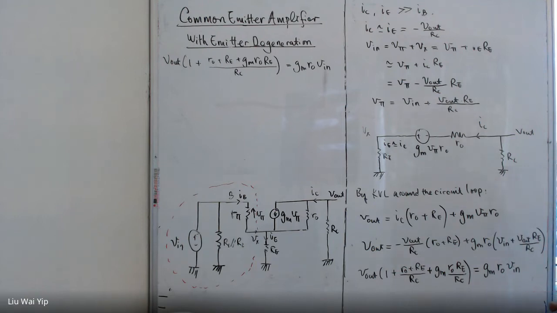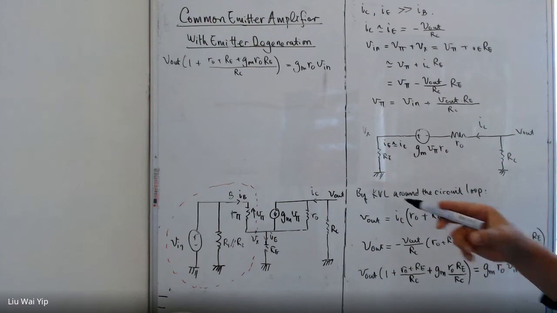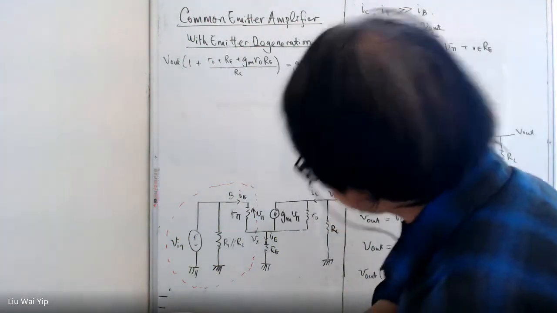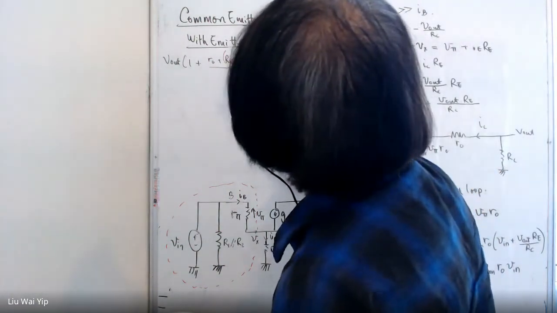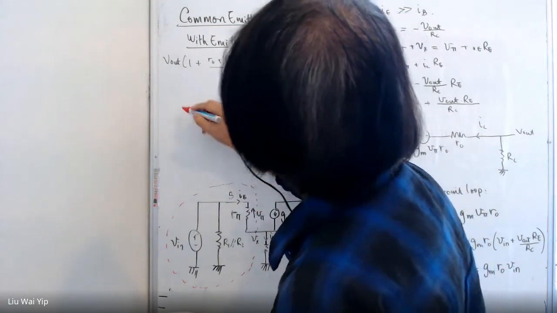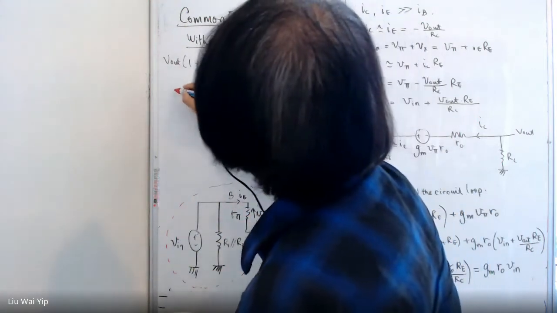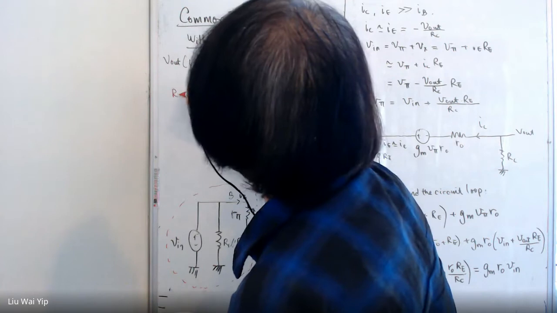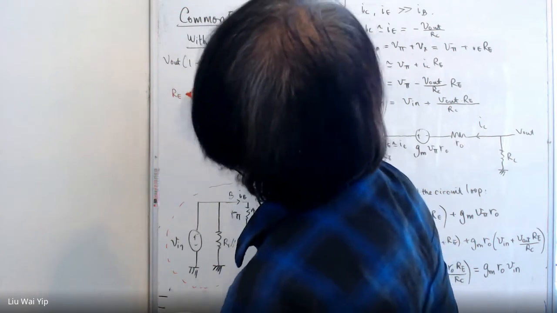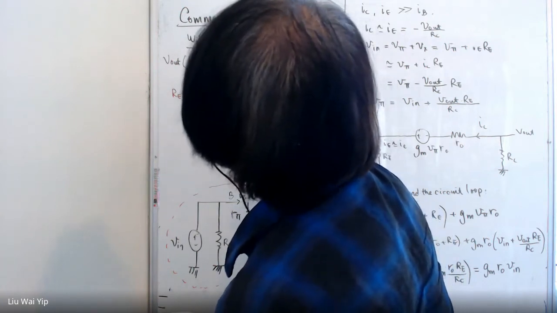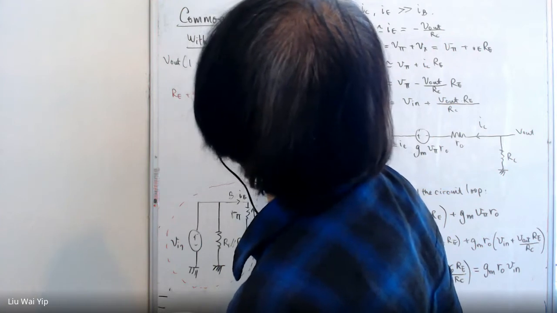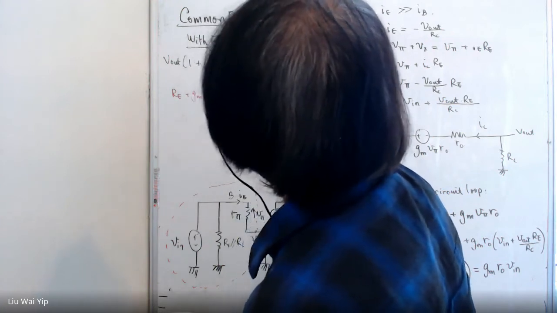And now we need to simplify the expression here. Now, to do that, let's try taking out r0 RE here, and see what it gets.